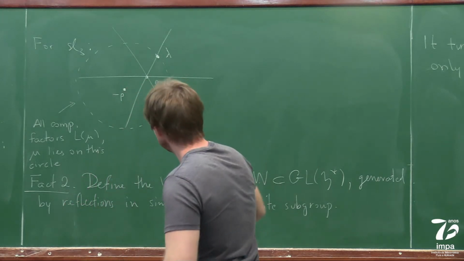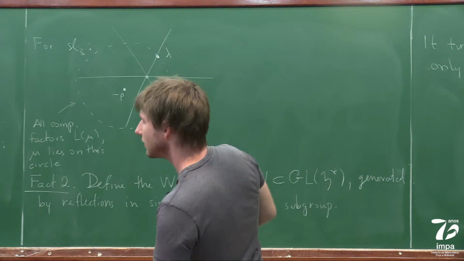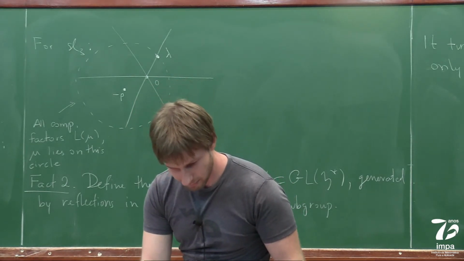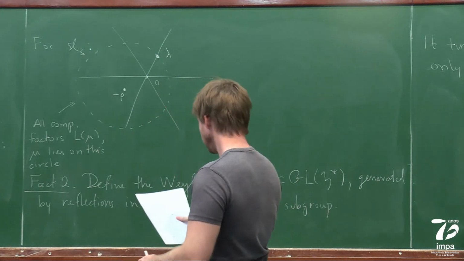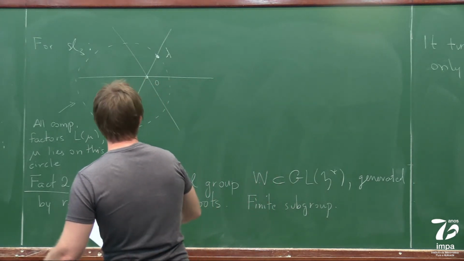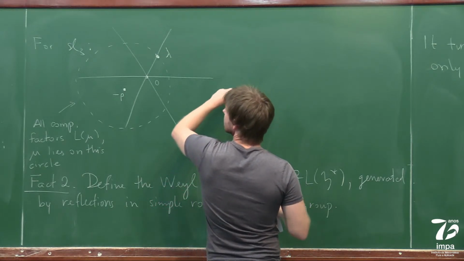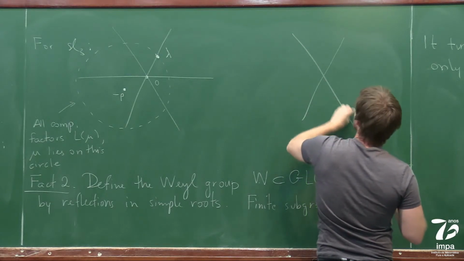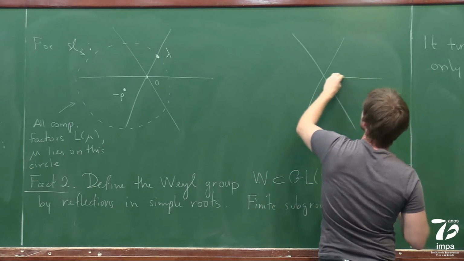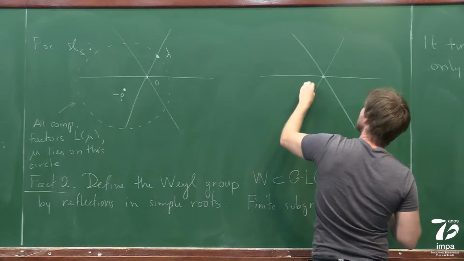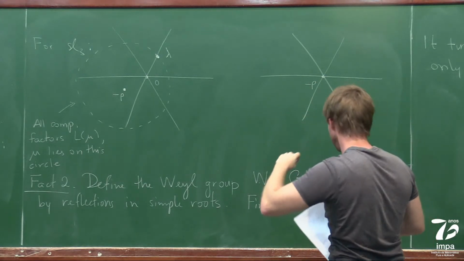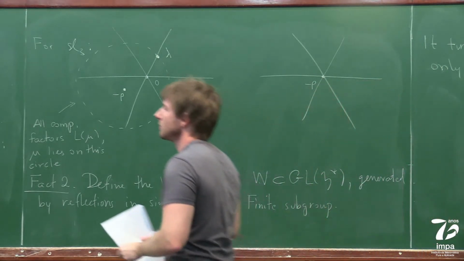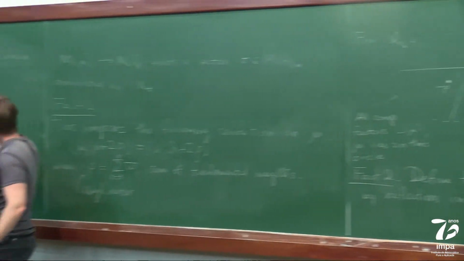I actually want to draw this diagram correctly here. In this particular case, the weight lambda that I took, I took it to be one of the fundamental weights here.